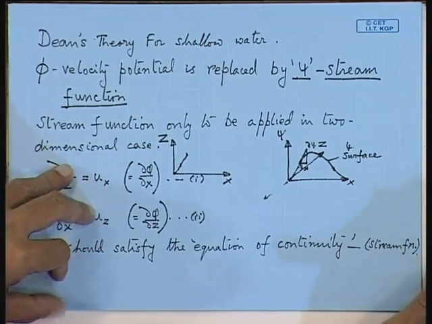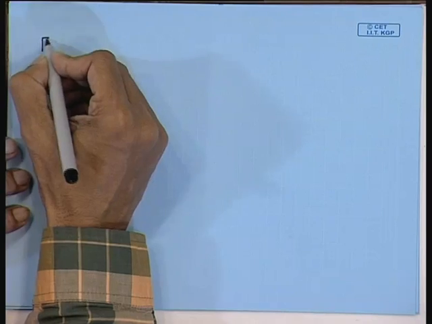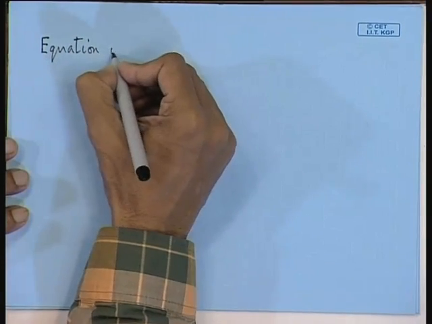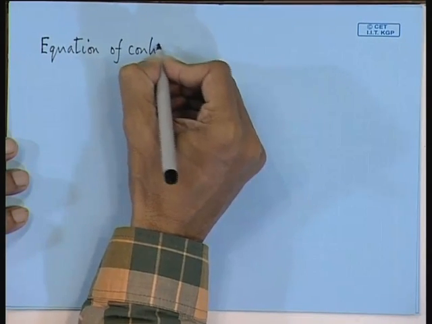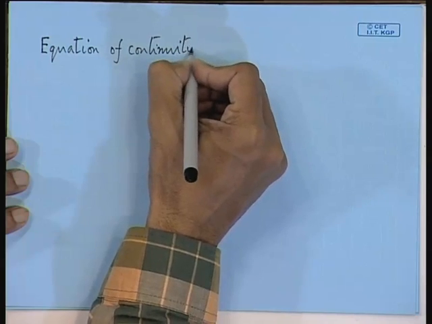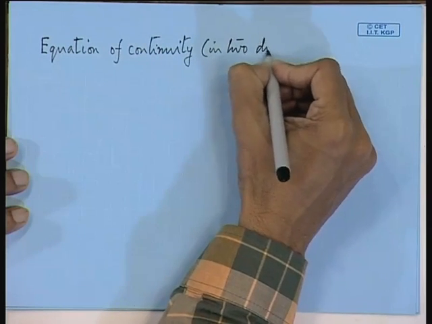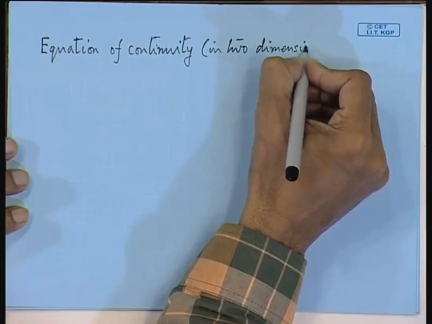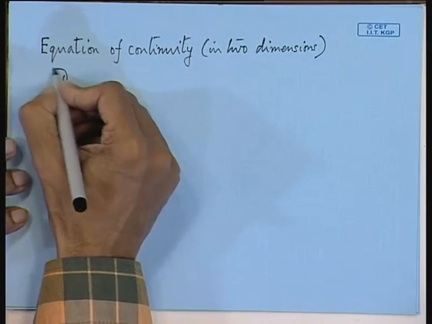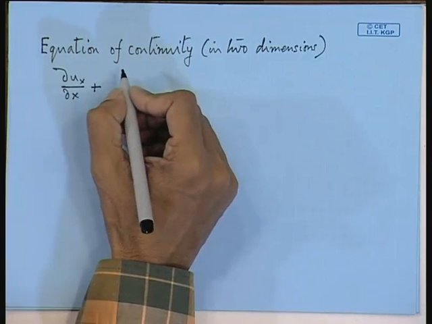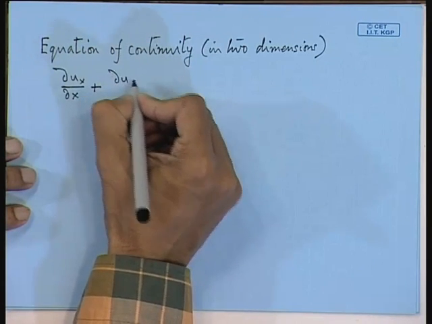So, equation of continuity in 2 dimensions, in the x and z plane, is del ux over del x plus del uz over del z.